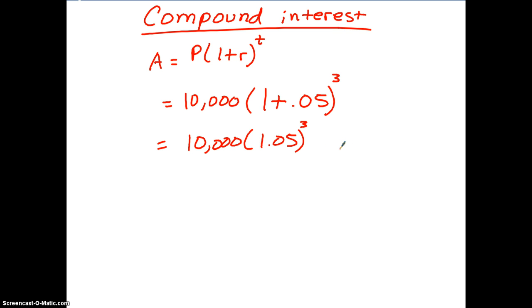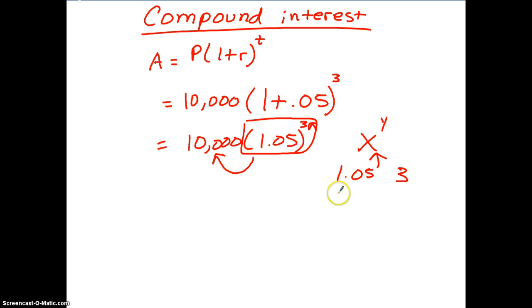Now, if you're using your iPhone calculator, we want to do this part first, and then multiply it by 10,000. So you're going to look for this X to the Y button if you're using an iPhone calculator. And you're going to hit in the base first, which is 1.05, hit that button, and then hit 3 for the exponent. And you should get 1.157625 from this right here.